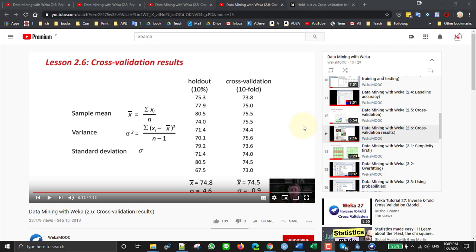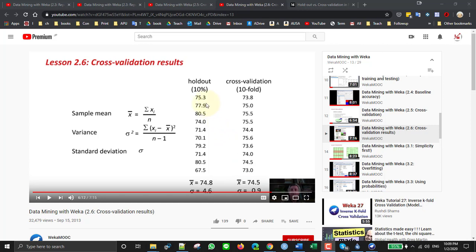So what's the possible reason for that? Well, remember, in cross-validation, we are testing on every single instance, because first we take out one slice, then we take out another slice, and we're going to get through all of the slices, so we're going to get through the entire pie.